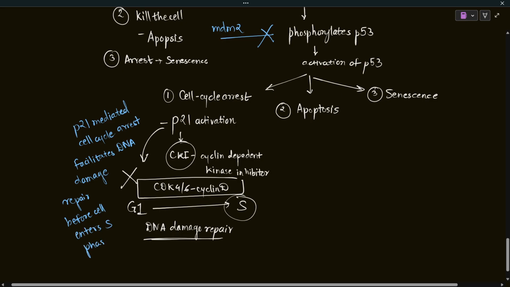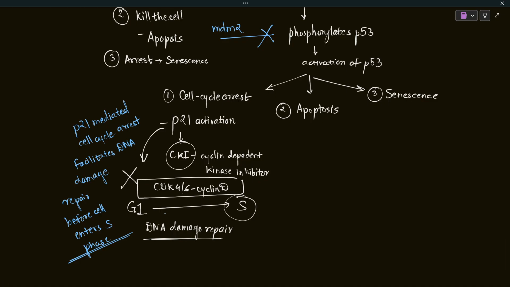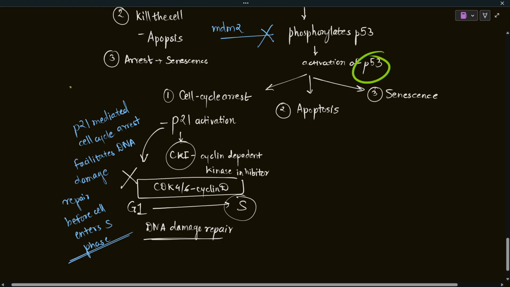So this ensures that before the replication of DNA, whatever double-stranded breaks were there in the DNA will be repaired. So now this will lead to genomic stability, and this is why we call p53 the guardian of the genome, because it is guarding the genome and not letting it get unstable.